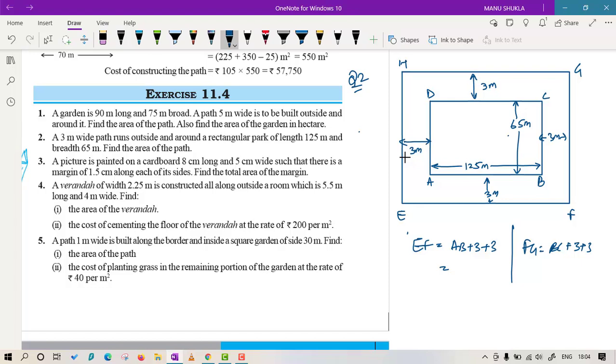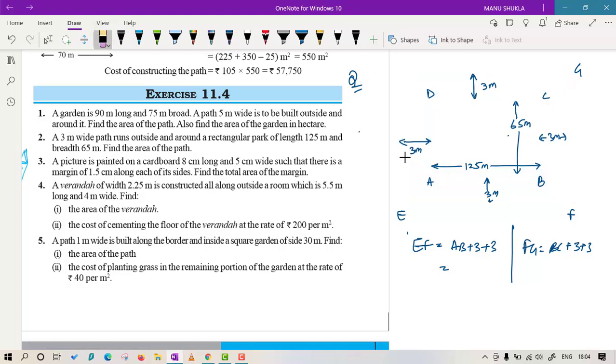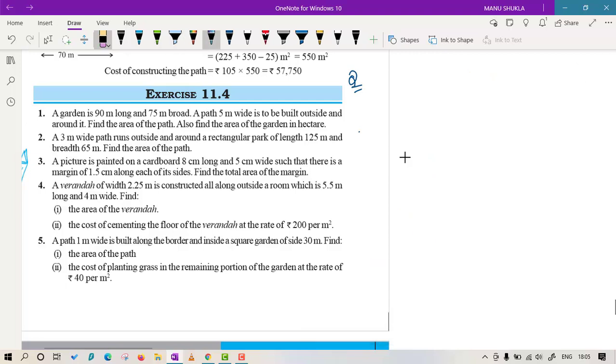Okay, now moving to the next question, question number 3. A picture is painted on a cardboard 8 centimeter long and 5 centimeter wide. Obviously, it is a rectangle. Let us draw this cardboard which is 8 centimeter long like this.